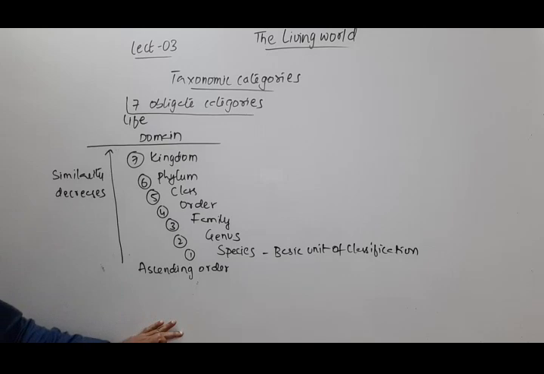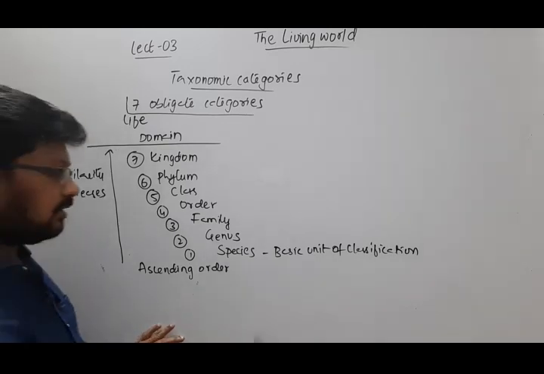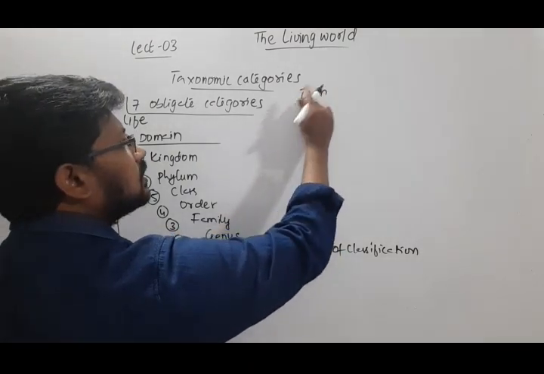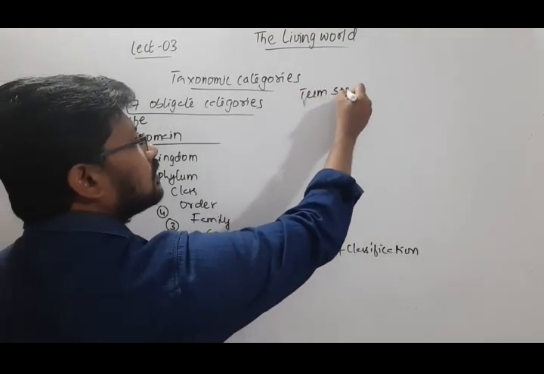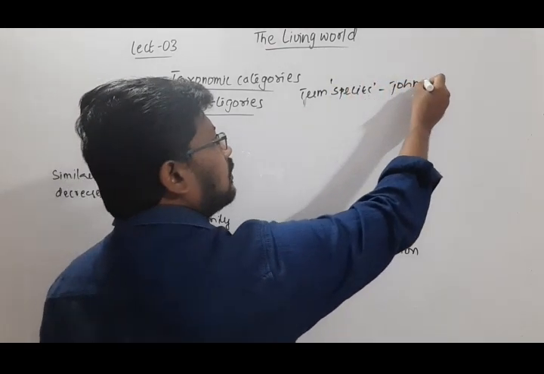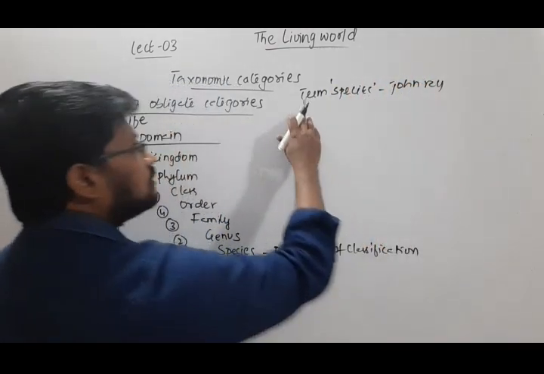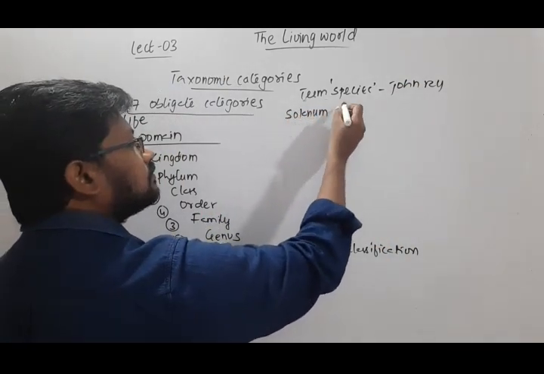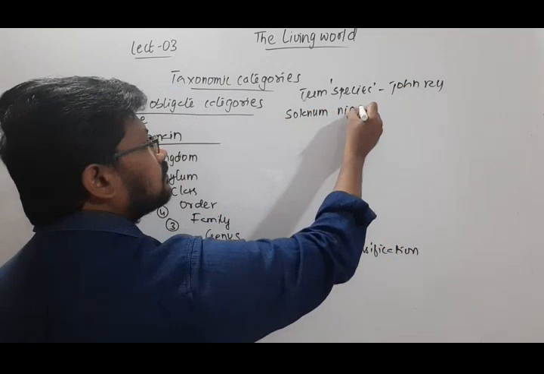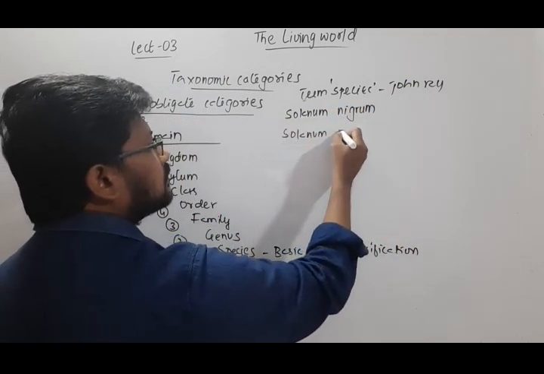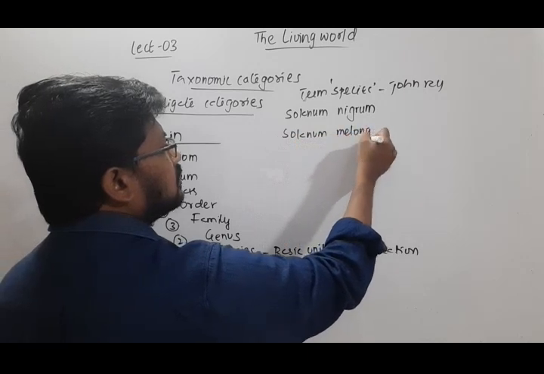Now first we will see about species. The term species was coined by John Ray. Let's see some examples like Solanum nigrum and Solanum melongena.